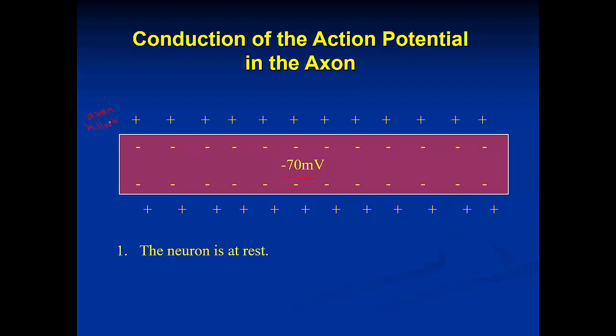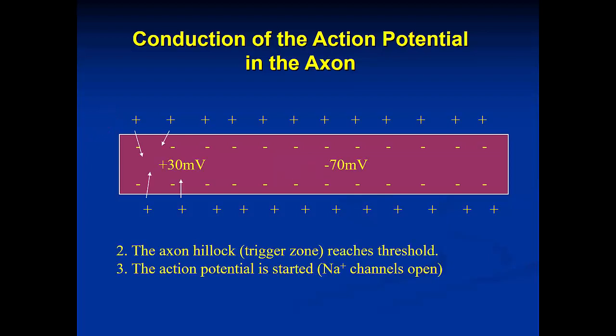Now, if at the axon hillock the membrane potential exceeds threshold, voltage-gated sodium channels are going to open and it initiates the action potential. Okay? So in this next figure, when that happens, the axon hillock reaches threshold, and sodium rushes into the cell through voltage-gated sodium channels.